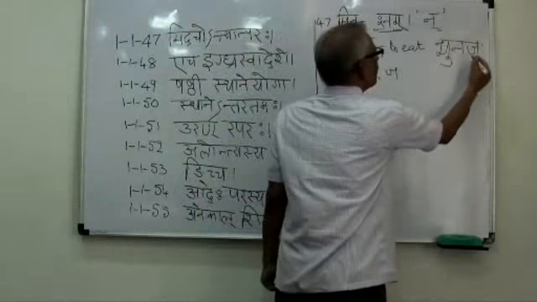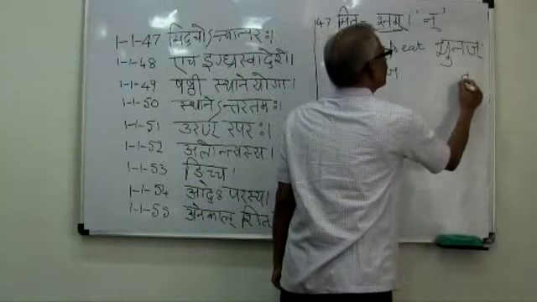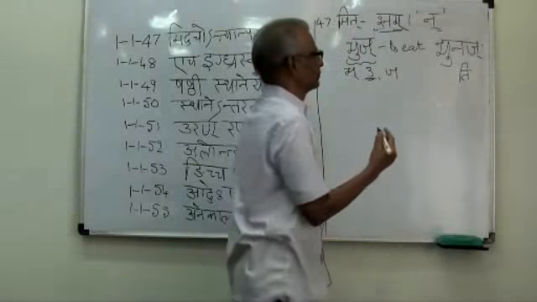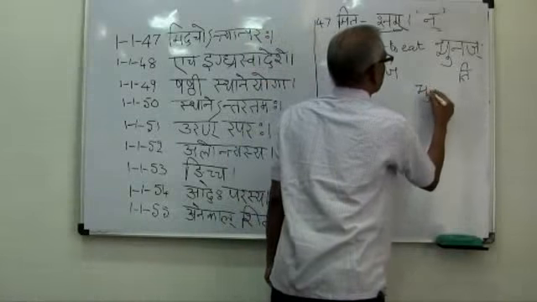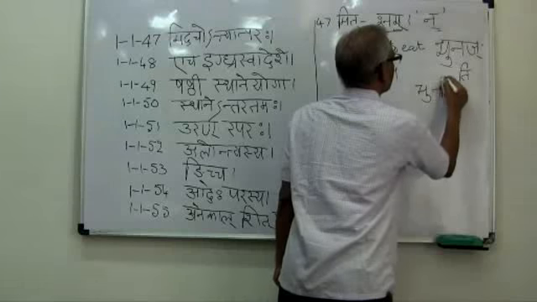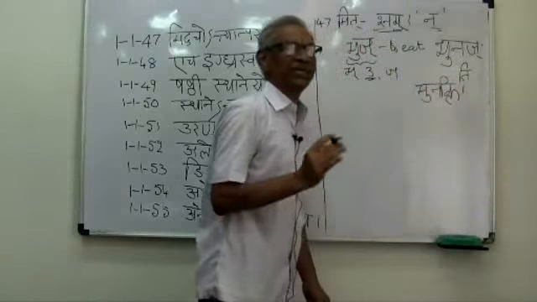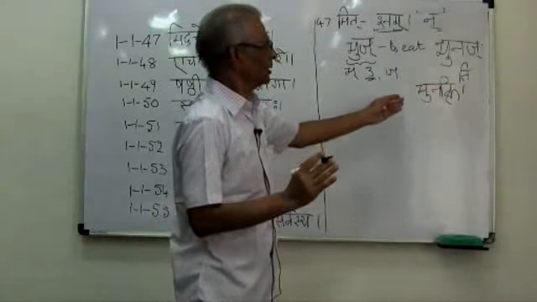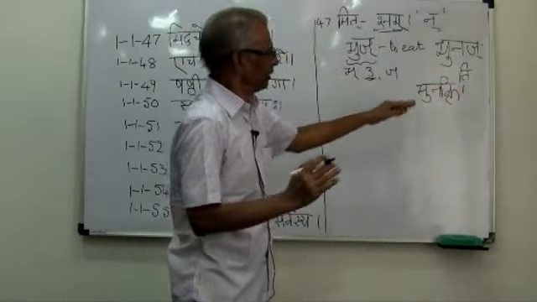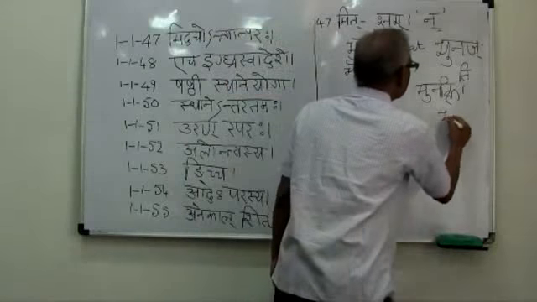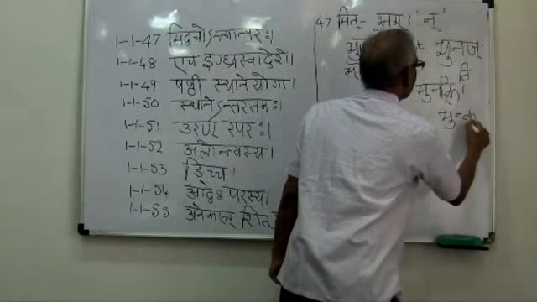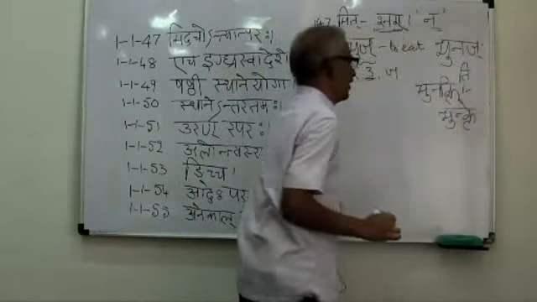So here, when you add the ti pratyaya to form the present tense, it will become bhunakti. Bhunakti means he eats. Or there are some other meanings also. Bhungte is a little different.